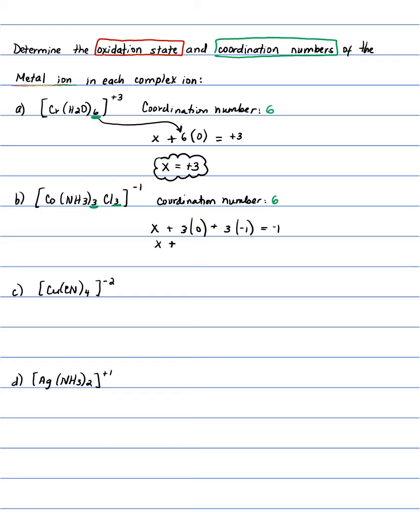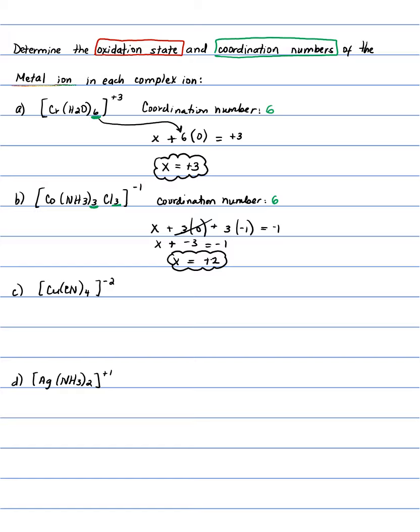So this will be simplified to that. And now you can solve for X, which means that you have to move that 3 to the other side of your equal sign. And that will give you X equals +2.